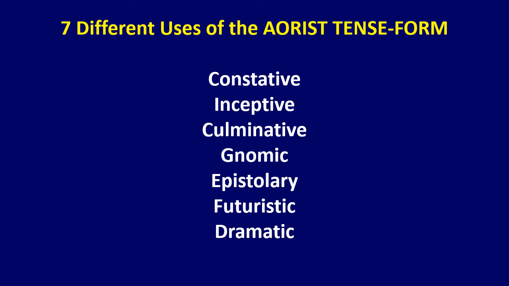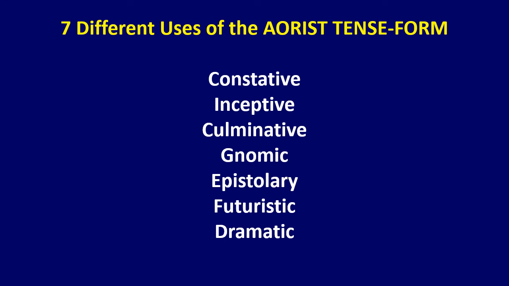Sometimes people will say wrongly that the aorist tense means inherently once for all action in past time, and that is categorically incorrect. Sometimes it can mean that, but that's not determined by the aorist tense form. That's determined again by context and by the nature of the verb itself.